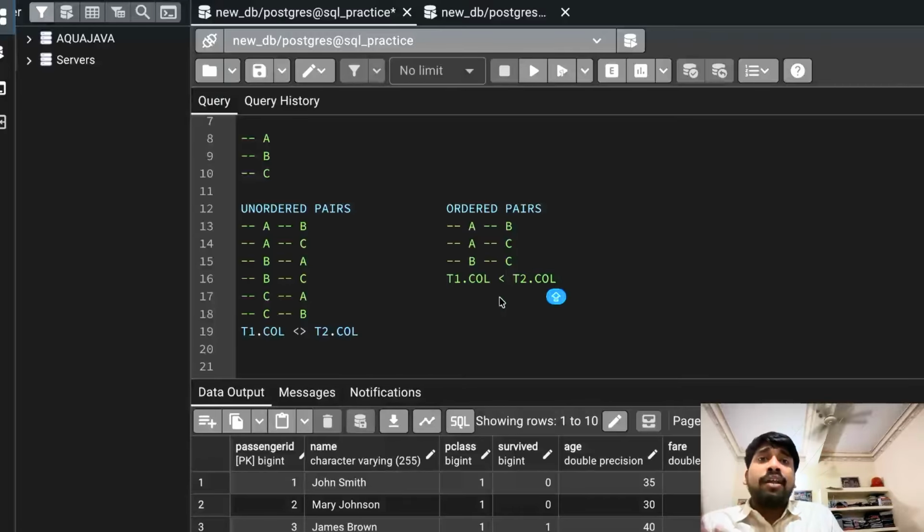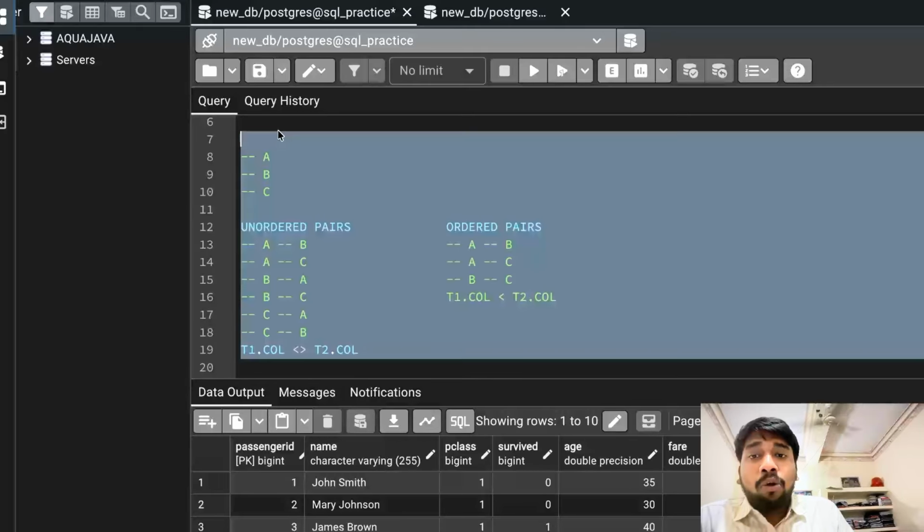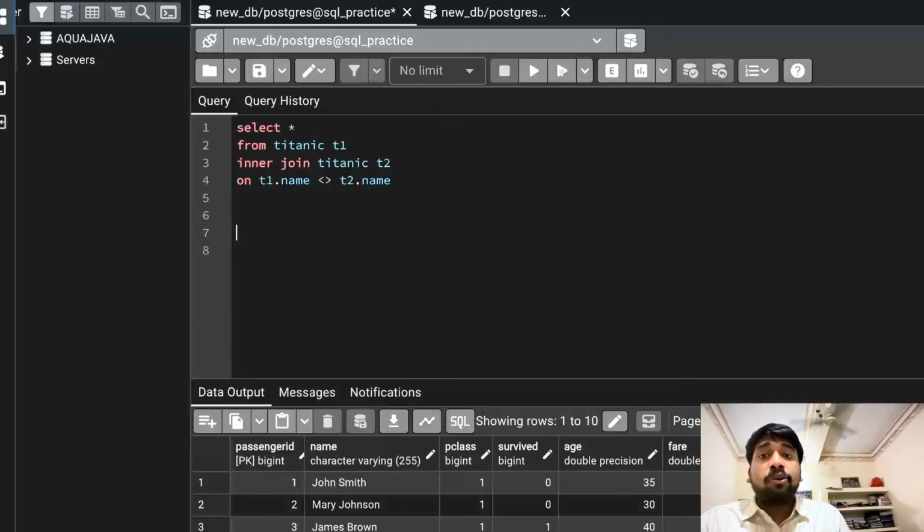You will use either less than or greater than. Why? Because if you see this, here the condition of less than satisfies completely. A is less than B, A is less than C, and B is less than C. So in short, if you want ordered pairs, use the less than or greater than sign. If you want unordered pairs, use the not equal to sign. I hope you guys understood this concept because it is a really important concept.